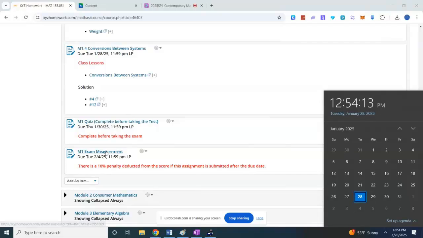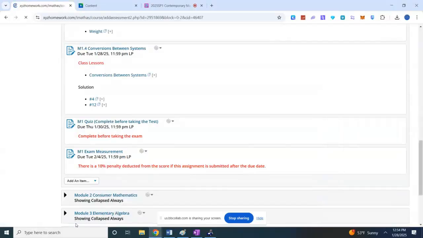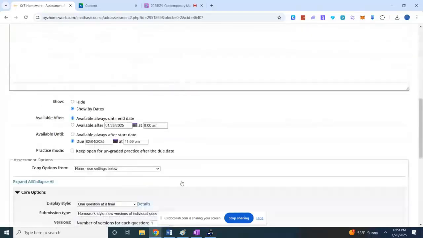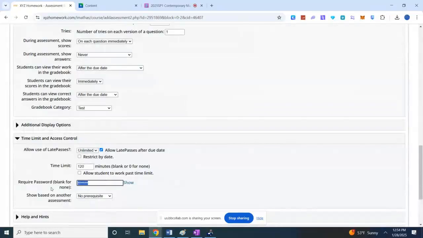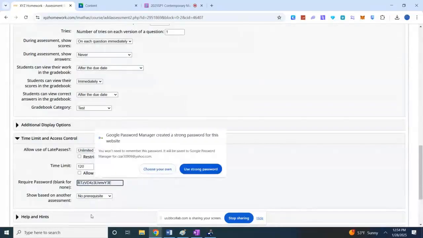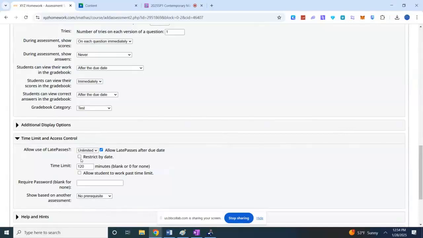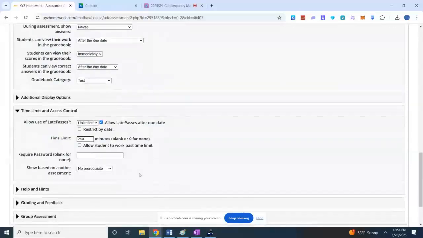As far as the exam is concerned, let me check the settings. Okay, there is no password. The exam is set for 240 minutes, which is 4 hours.